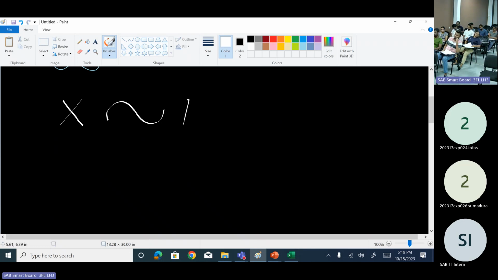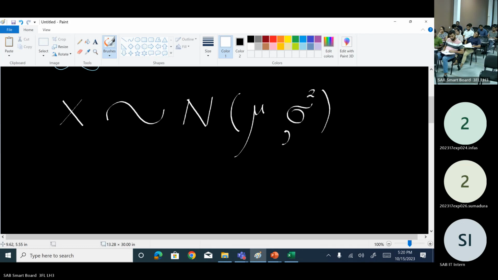So X follows N, then the two parameters go inside the bracket. First we write the mean value, then we write the sigma squared value, not sigma.